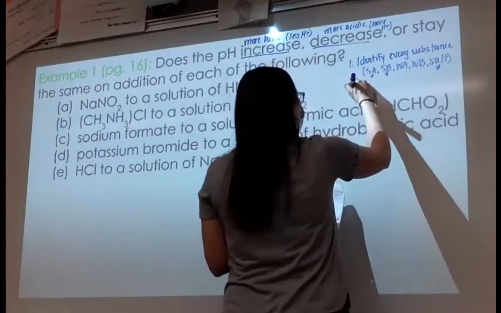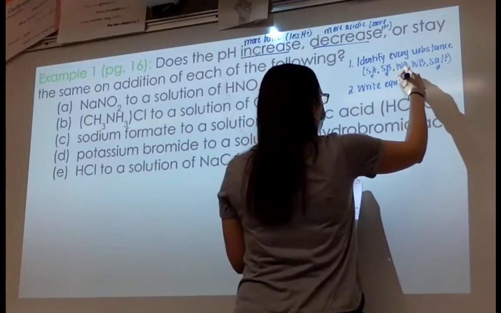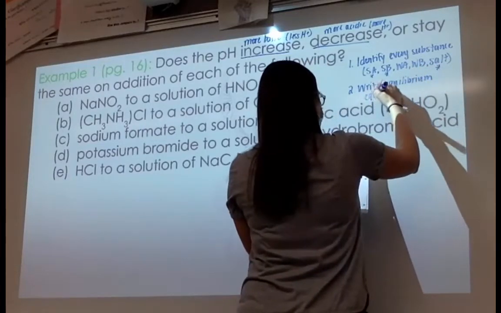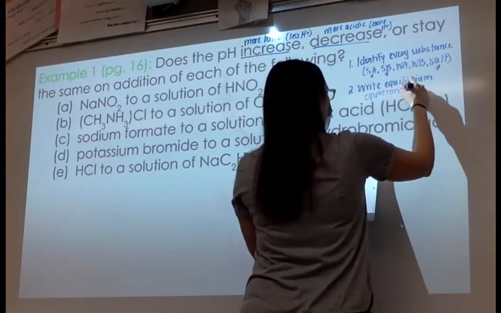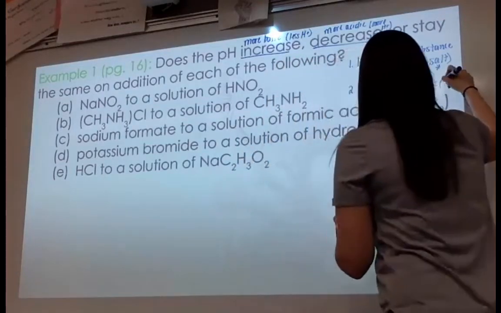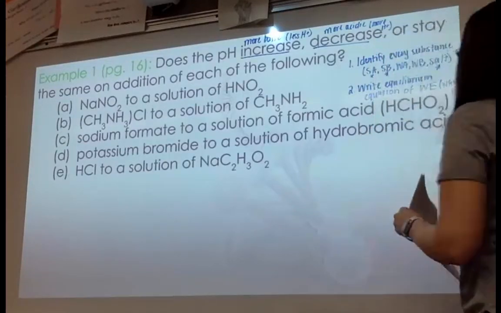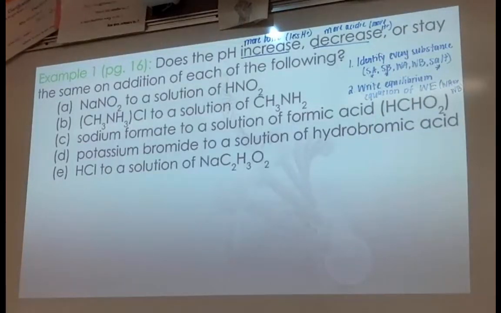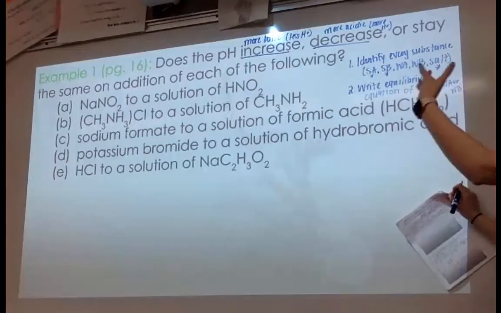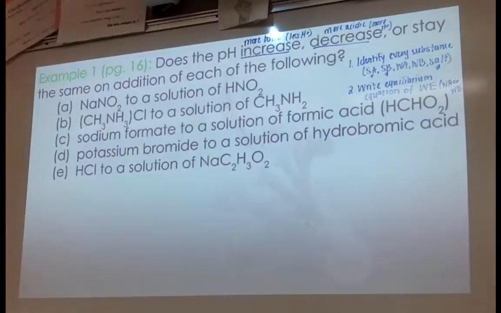The second thing that we want to do is write the equilibrium equation of the weak electrolyte. Weak electrolyte means either weak acid or weak base. Because in order for the pH to change, or in order for there to be any kind of change when we add a common ion, it needs to be at equilibrium.